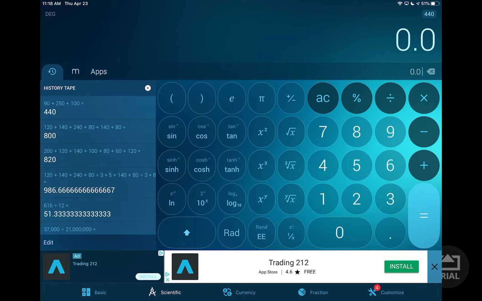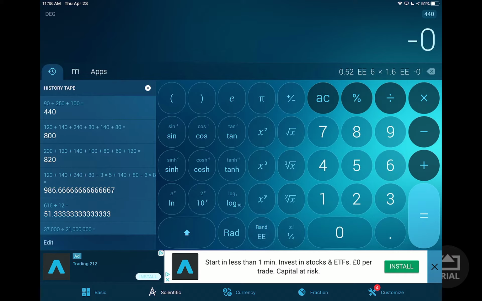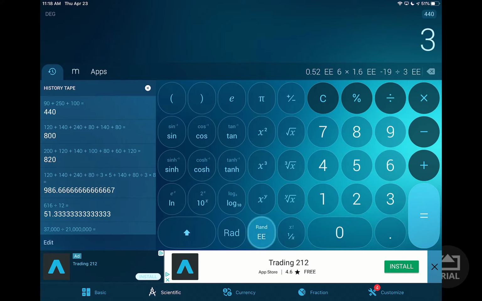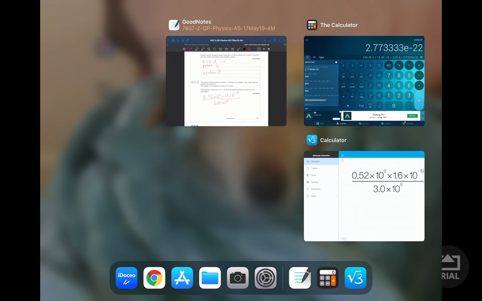So 0.52 times 10 to the power of 6 times 1.6 times 10 to the power of minus 19 divided by 3 times 10 to the power of 8 is 2.8 times 10 to the minus 22.